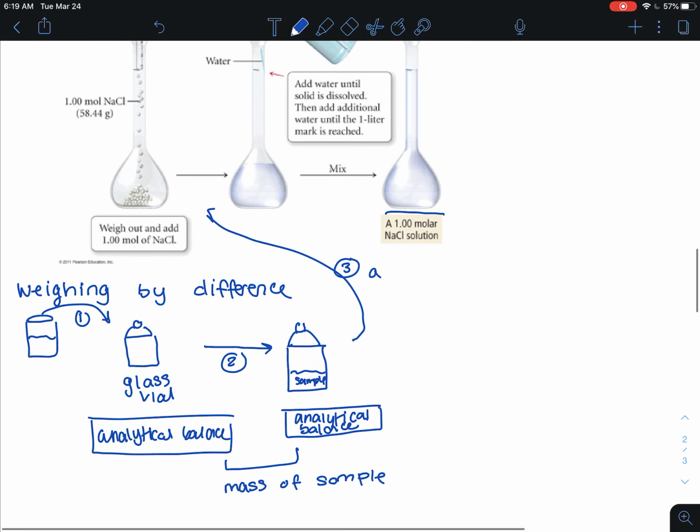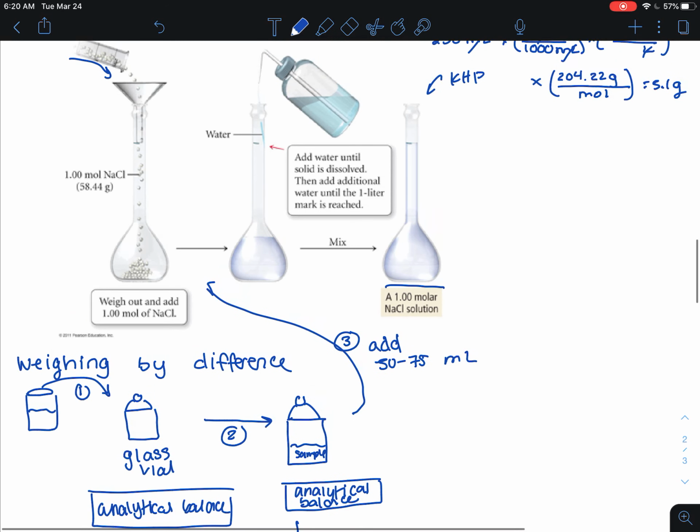Then you place your contents into your volumetric flask and add 50 to 75 milliliters of water. Now, it actually doesn't matter what amount in the range of 50 to 75, not 750, you add, because we don't care about concentration, right?